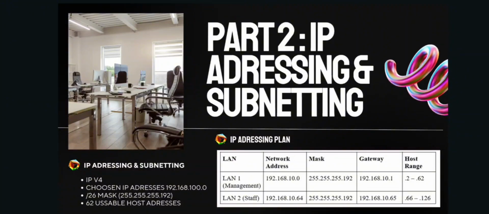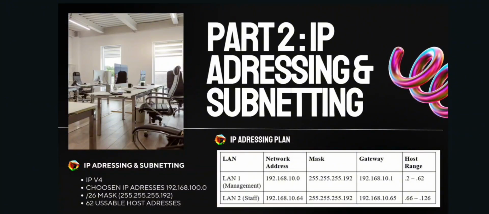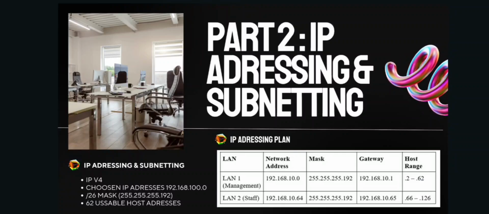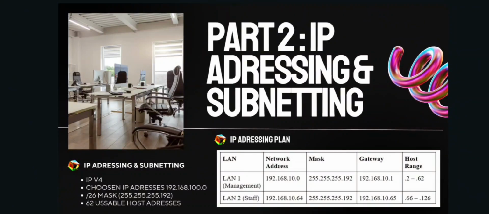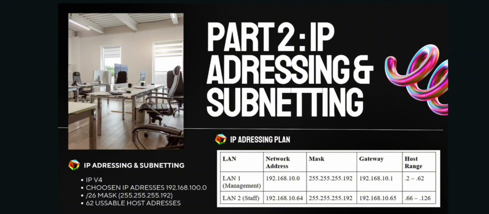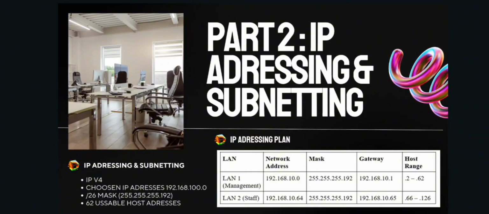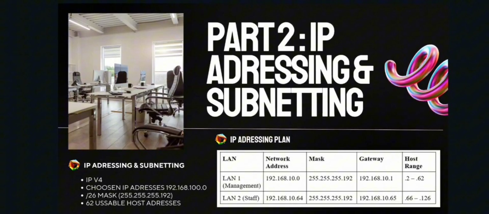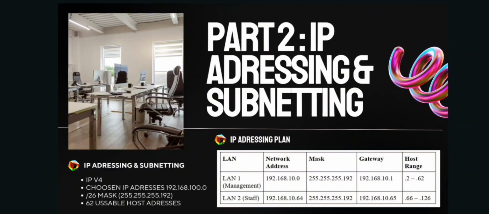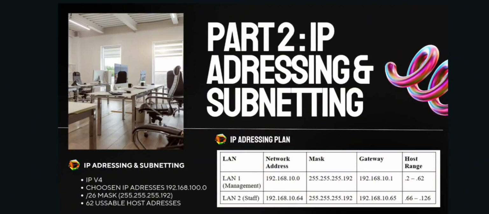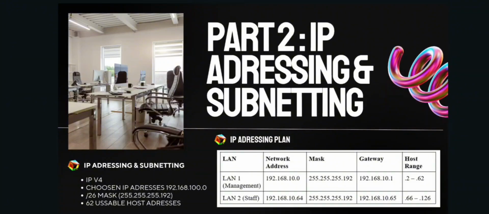Next, for LAN 2, which is local area network 2 for the staff network, we use this configuration. Network address 192.168.10.64, subnet mask 255.255.255.192, and the default gateway is 192.168.10.65.